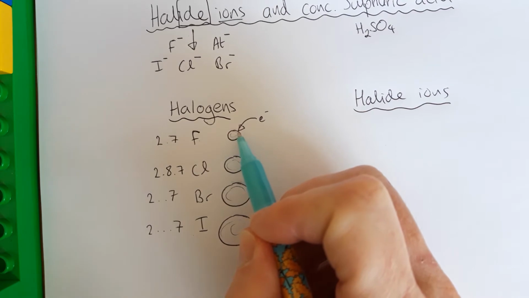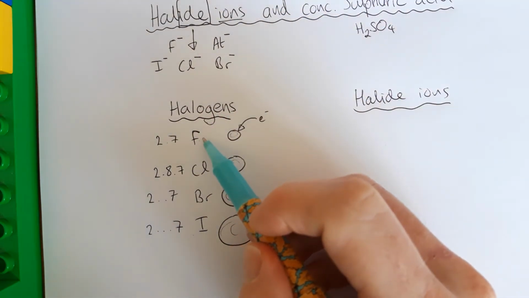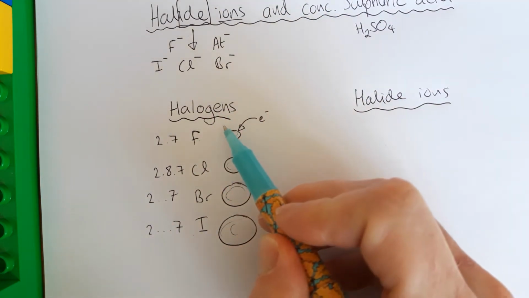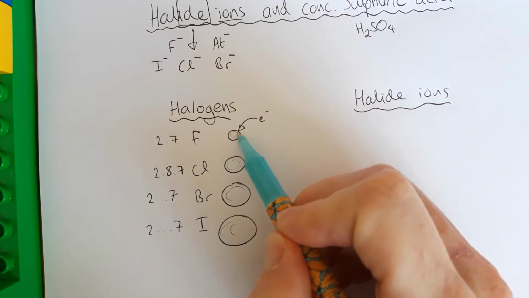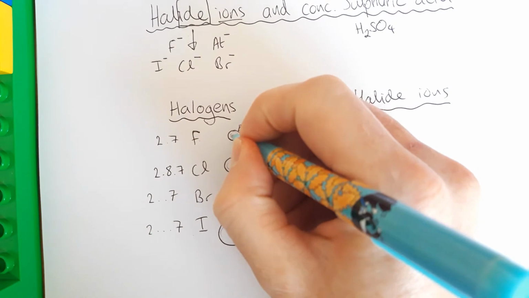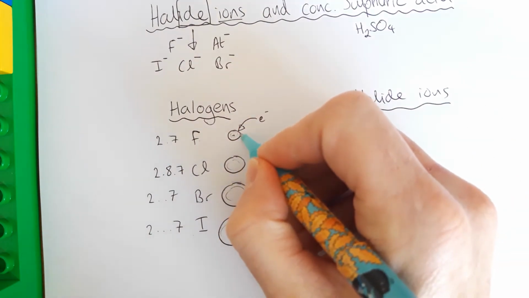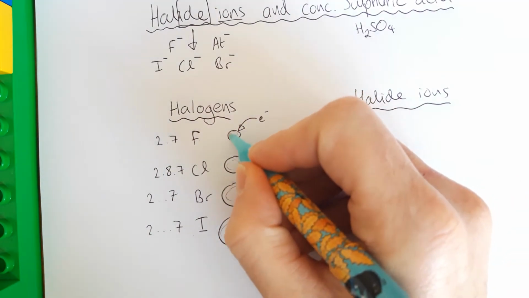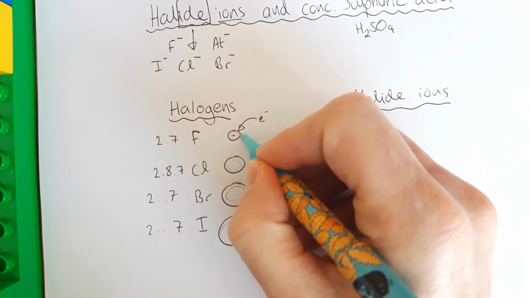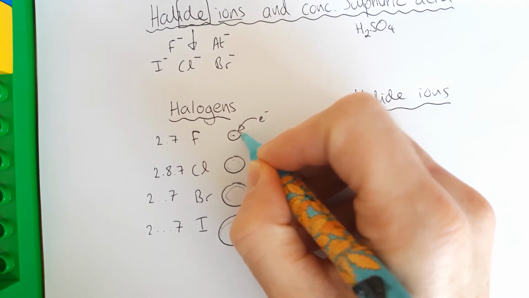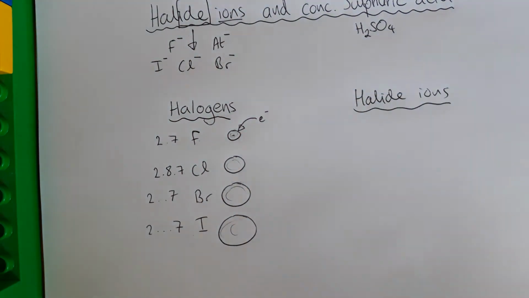Why is it the most reactive halogen? Well, it gains electrons the most easily because its nucleus is closer to the outer shell, and it's got fewer shells, so there is less shielding between the nucleus and the outer shell. So electrons are attracted more strongly to the nucleus.